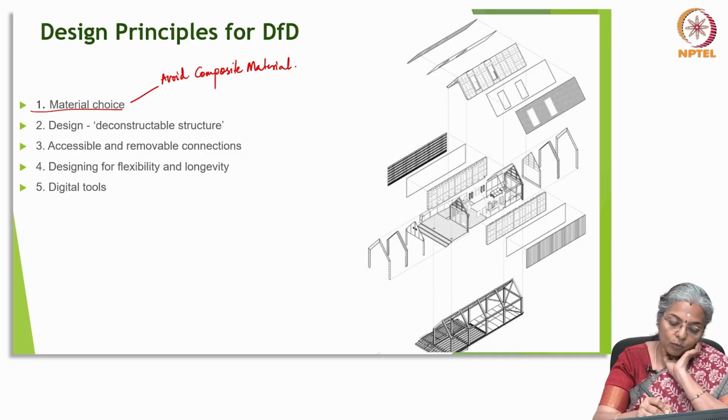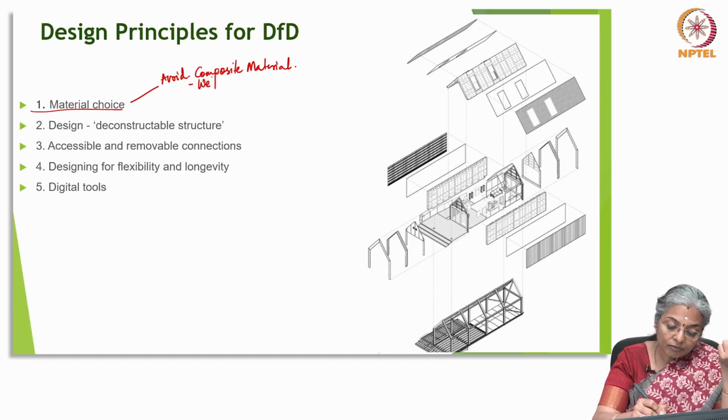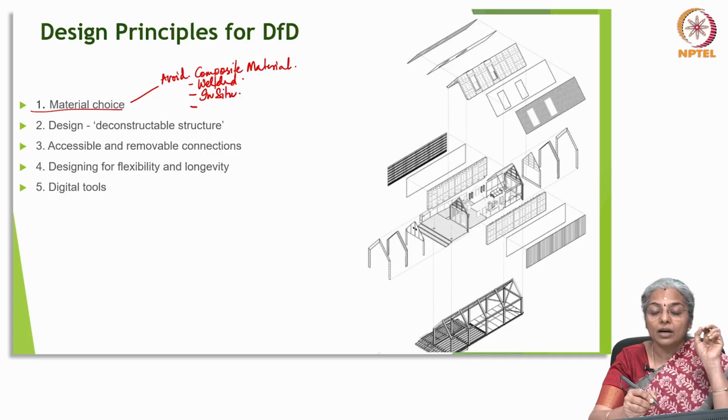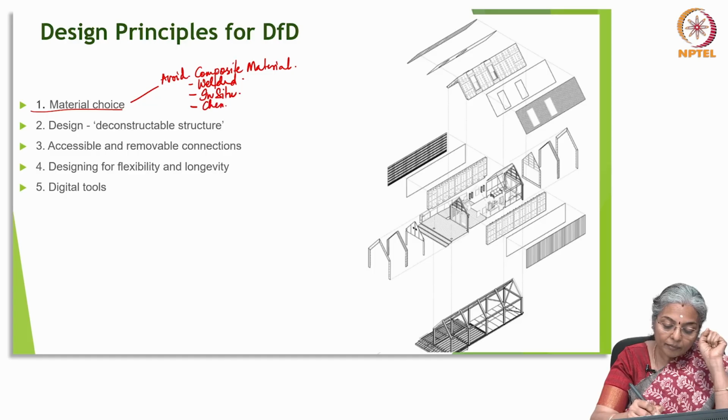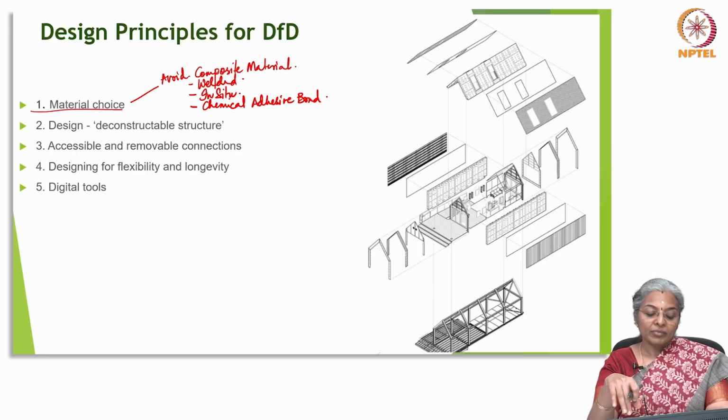So, we should avoid composite material, we should avoid welded joints, we should avoid in situ casting, and we should also avoid chemical adhesive bonds, which are difficult to identify and also difficult to separate.